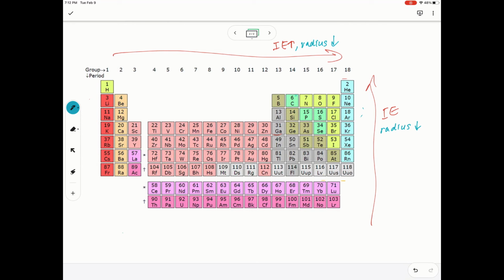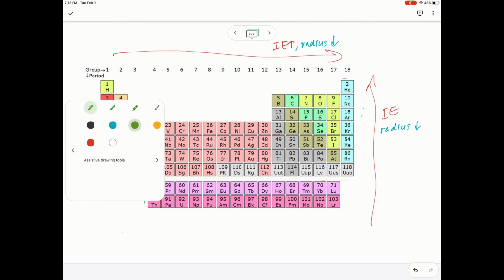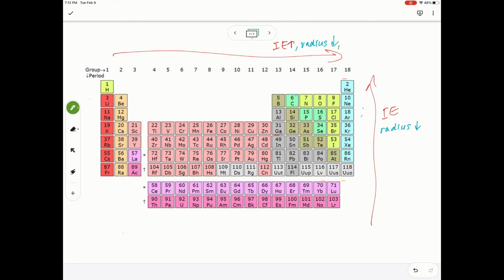And then finally, that brings us to metallic character. As we go to the right, metallic character decreases, and metallic character decreases as we go up. Whether you want to memorize it the other way is fine also. You just need to be clear when you write your answers, okay?